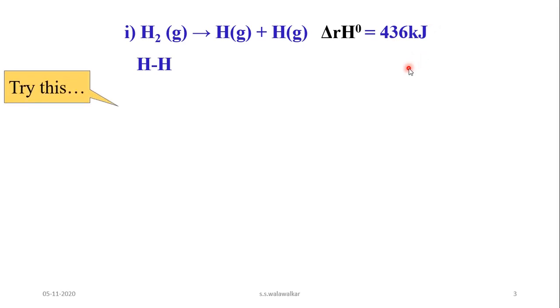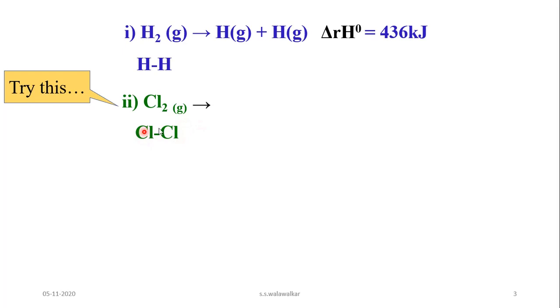See here another example. Try to write this example. Dissociation of chlorine or decomposition of chlorine molecule. So here it is 1 molecule of chlorine in a gaseous state. It is a diatomic molecule.